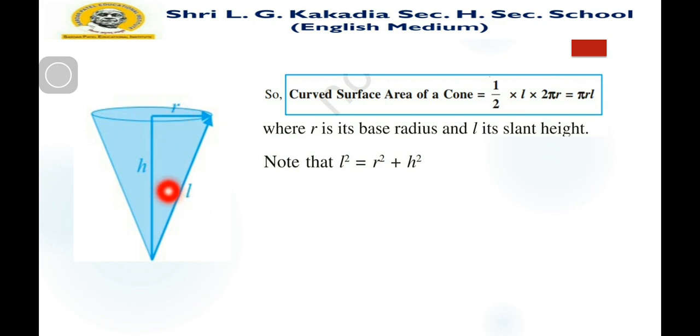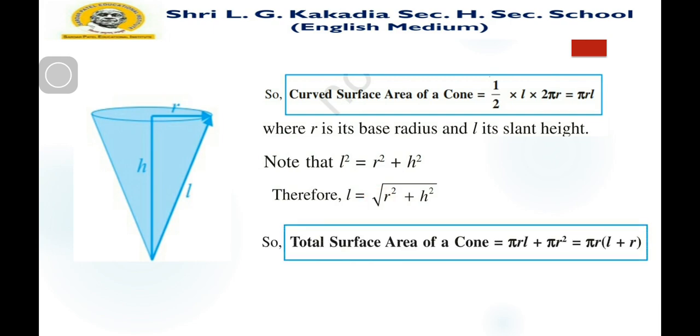That way we can find L square, the slant height, that is, L square is equal to r square plus h square. Therefore, taking the square root on both sides, we get L, the slant height, is equal to the square root of r square plus h square.